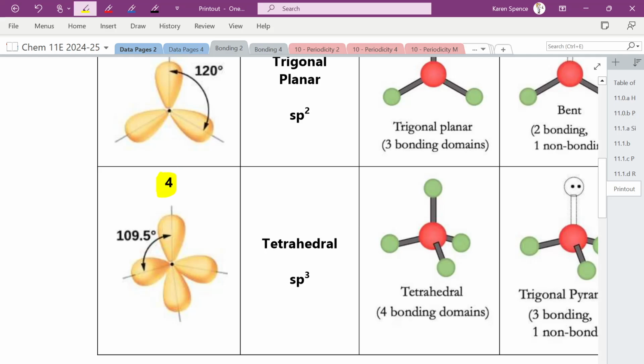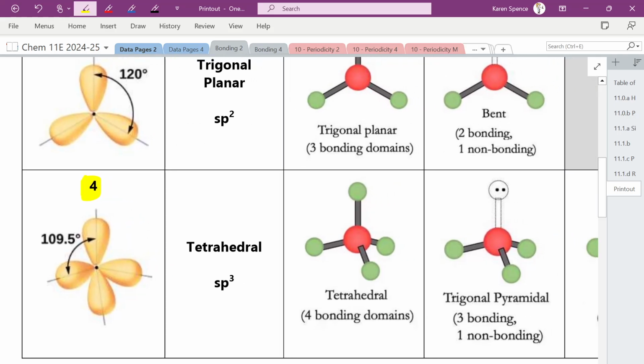So that means that we are looking at 4 electron domains, and that means our electron geometry, okay, this is the electron geometry, is tetrahedral. And that also means that the hybridization is sp3.